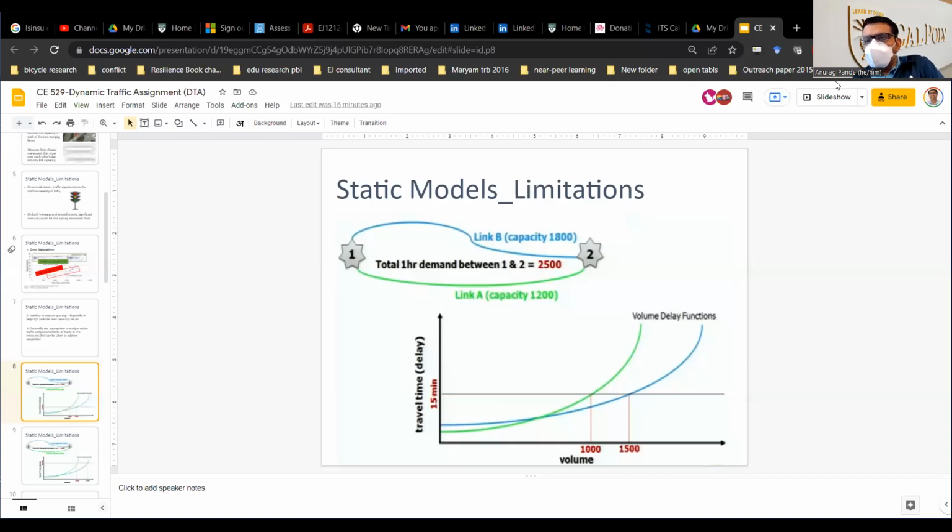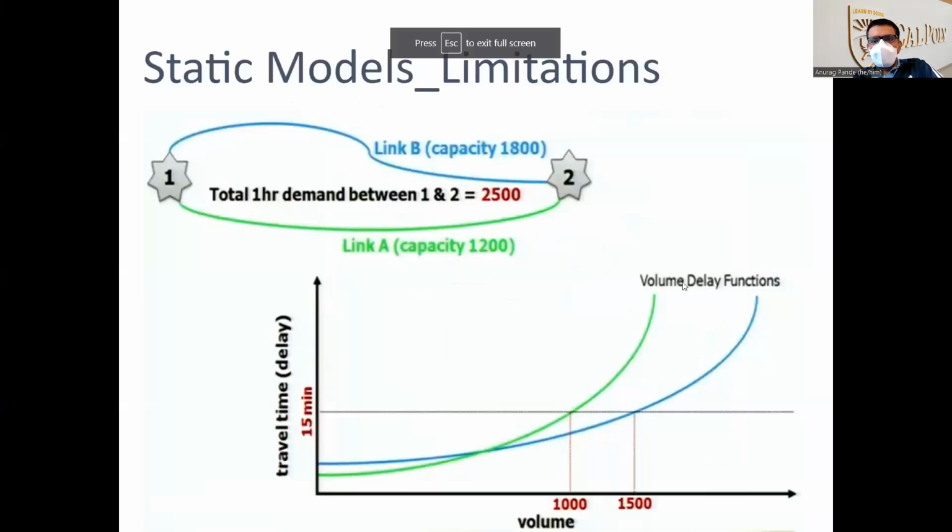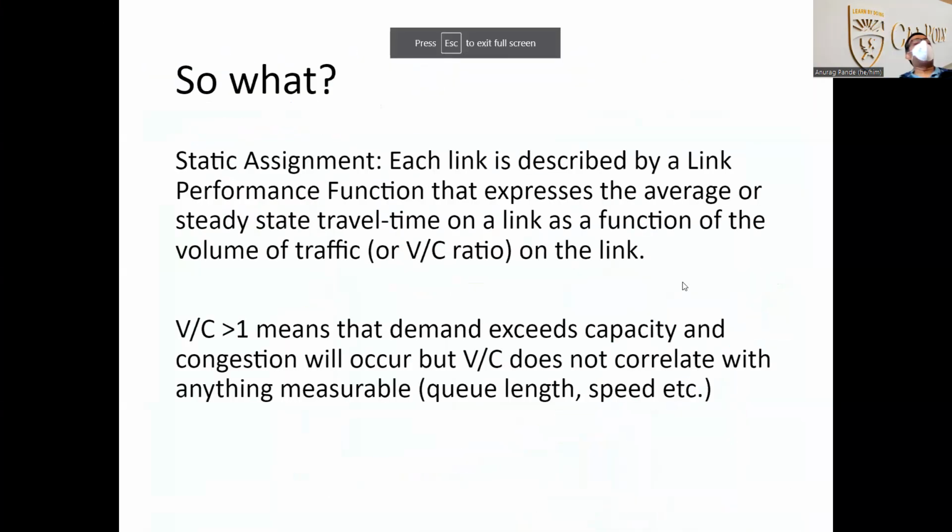Yes. So how does it matter, if they're not well defined? The problem is, once V by C exceeds 1, demand exceeds capacity, you know that congestion will happen. But you have no idea how.